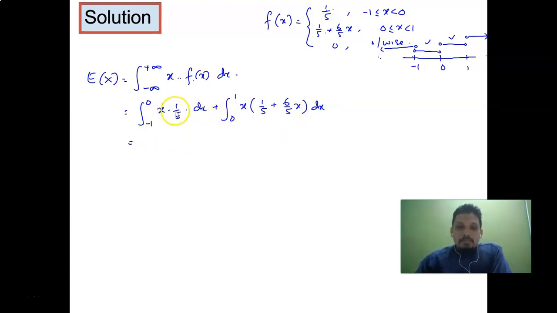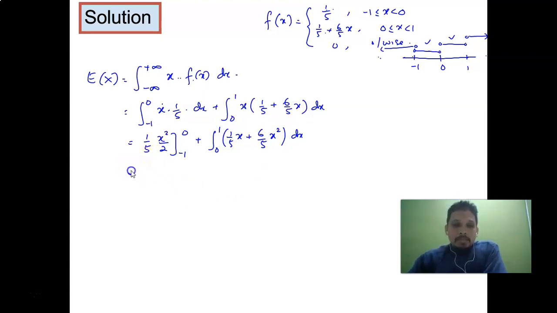Just imagine that this 1 over 5 is a constant, take it outside, so the integral of x dx gives you 1 over 5 x squared divided by 2 from negative 1 until 0, plus this one here, the integral from 0 until 1 of 1 over 5 x plus 6 over 5 x squared, x multiplied with an x, dx.